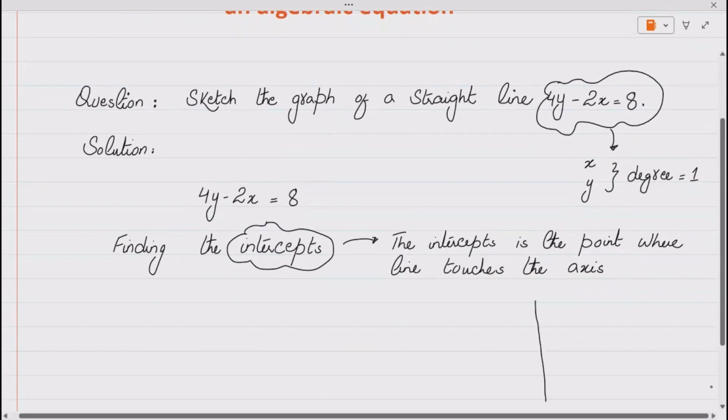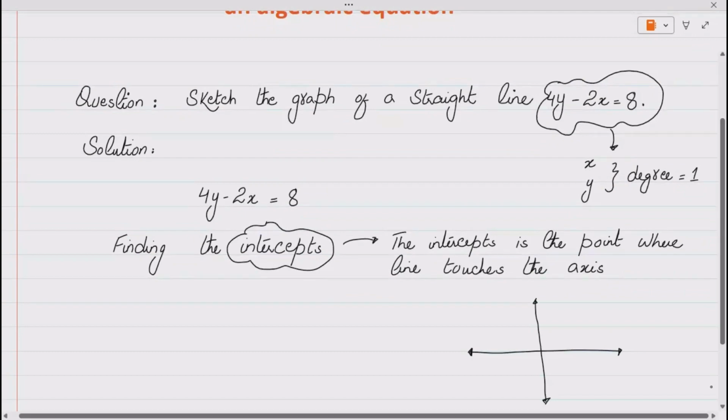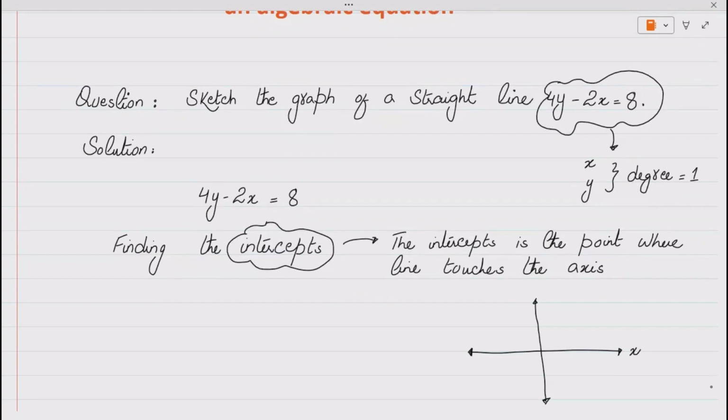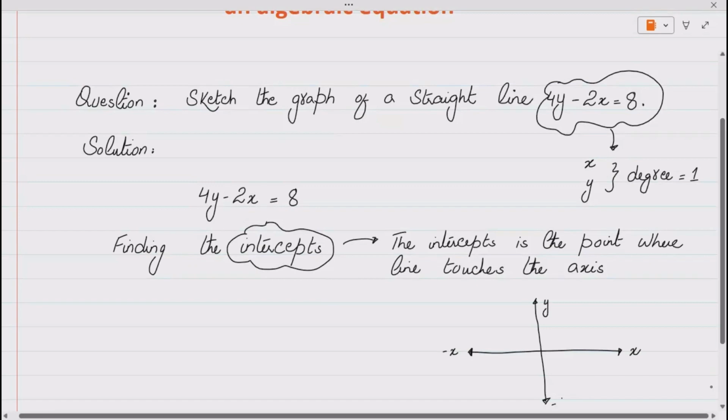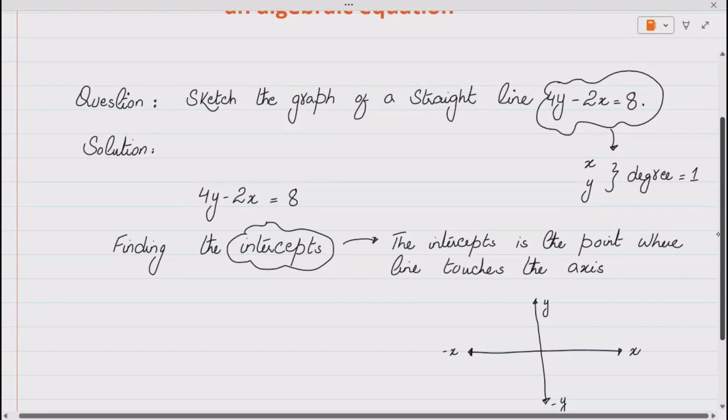So you can see that this is a simple simulation of a graph paper, and you can see that this axis is the x-axis, this axis is the minus x-axis, this axis is the y-axis, and the blue one is minus 1. So the points where the line touches these axes are called the intercepts.